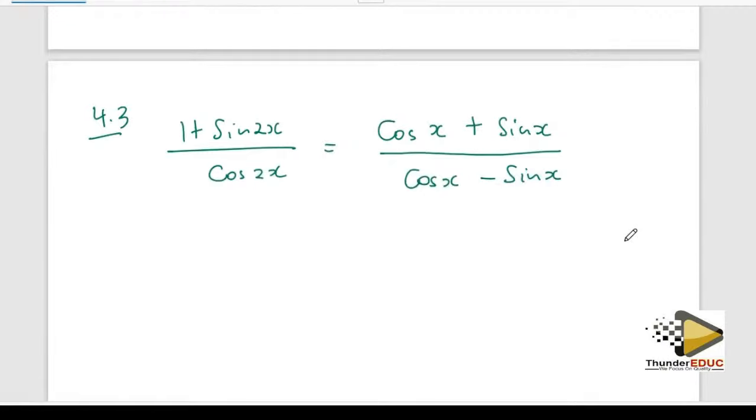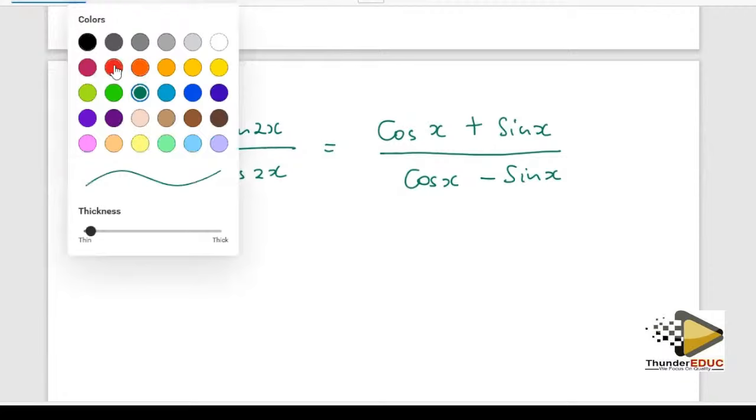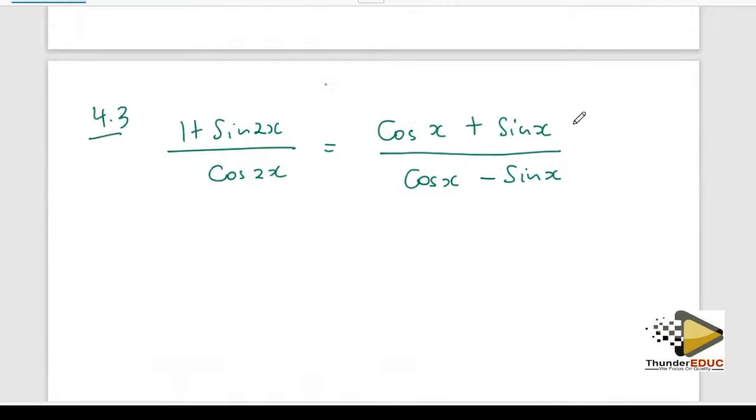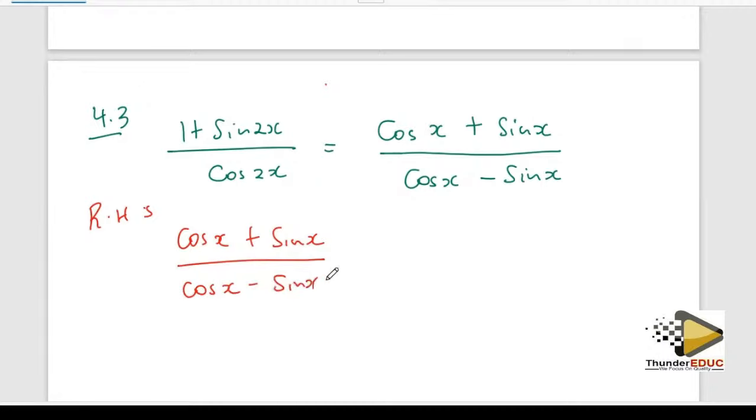So in this case, remember, when you're proving such questions, it's your choice to start with any side and move towards the other side. I'm going to start from the right-hand side. For this particular question, I feel it will be much easier to work with this and move towards the left-hand side. So on my right-hand side, I have cos x plus sine x over cos x minus sine x.